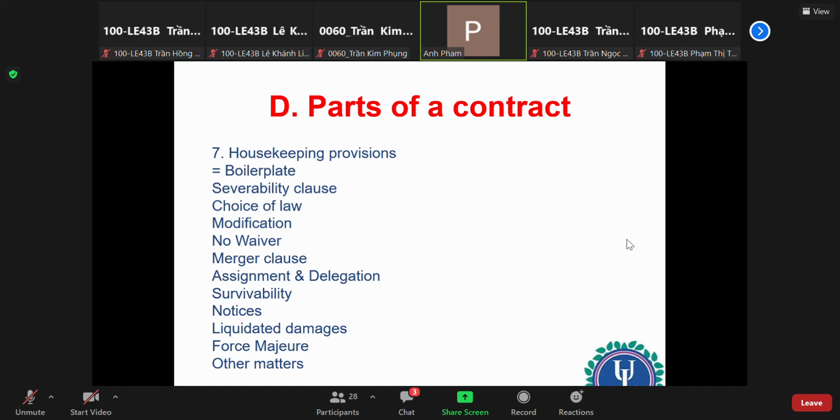Force majeure. This is very common. There are two criteria for a force majeure clause: you need to put down the events of force majeure, the time for cure, and the way to terminate a contract based on force majeure.